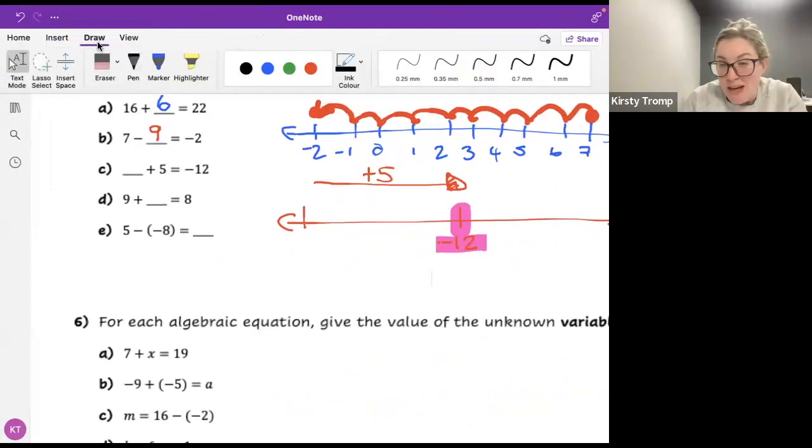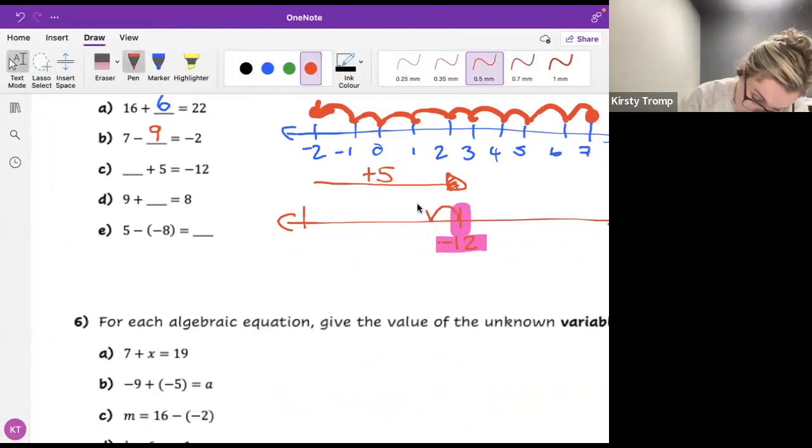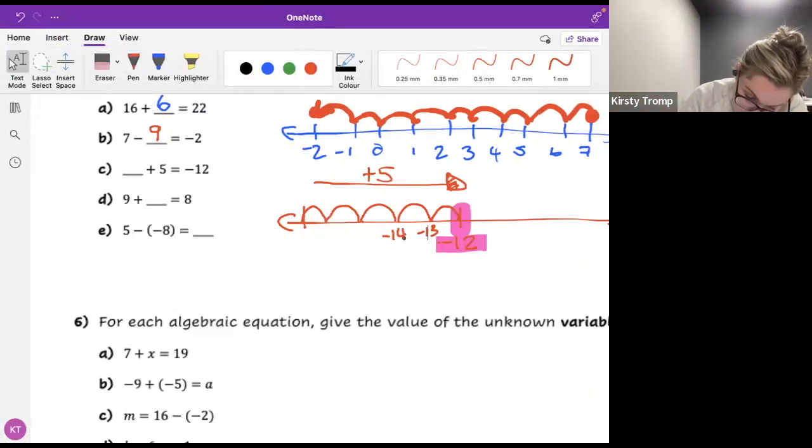So how am I going to work out what the number was originally? I need to subtract 5. So if I subtract 5, 1, 2, 3, 4, 5, this is -13, -14, -15, -16, -17.